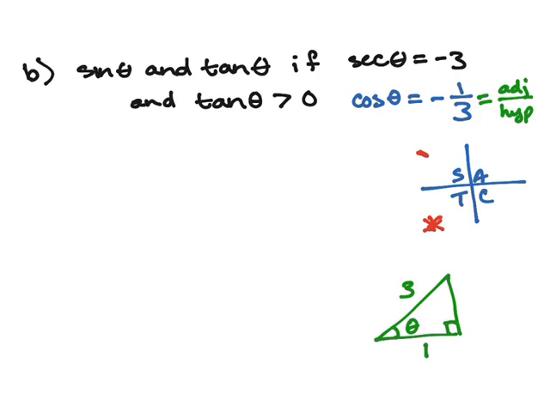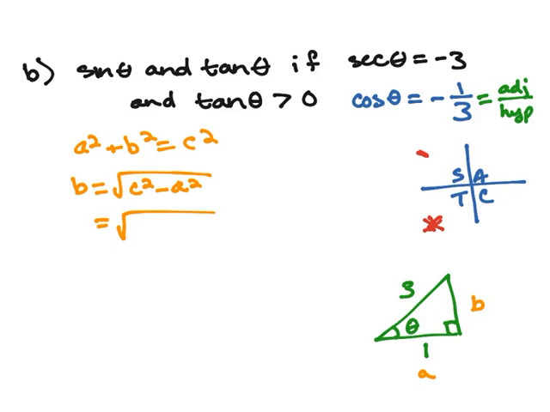Now we have to use the Pythagorean theorem, but we're going to have to rearrange it to get the other side length. So if I call this side length A and this side length B, and we're solving for B, then I've got A squared plus B squared equals C squared, or B equals the square root of C squared minus A squared.